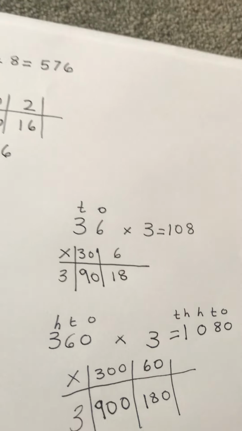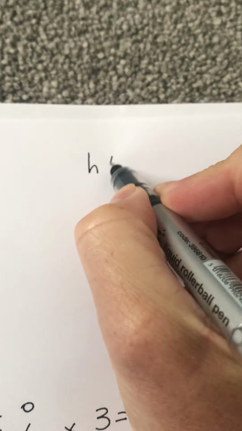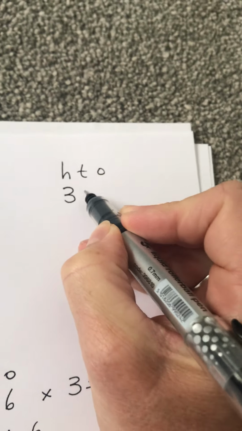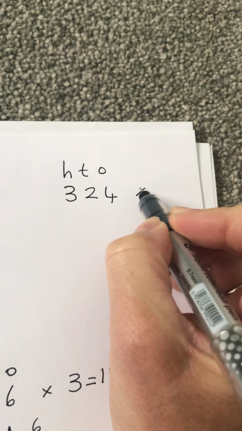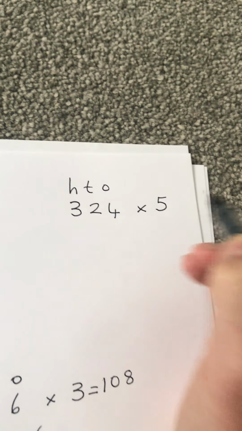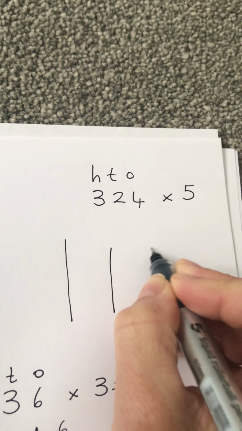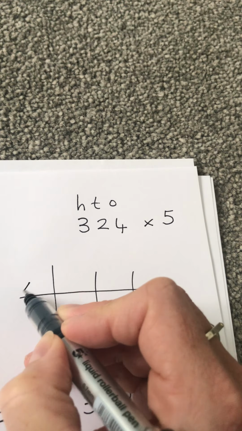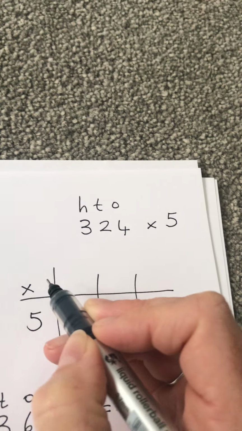Okay, so then if I do another one with hundreds, tens and some ones in the digits as well. So if I do 324, if I do times 5 for this one. So I'm timesing it by 5.